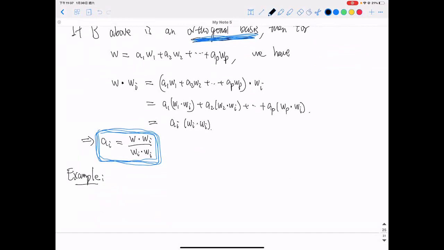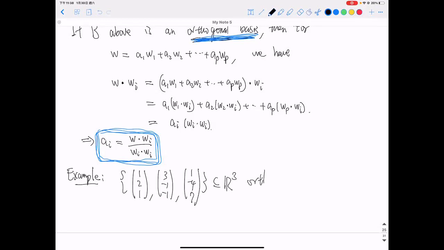Say I have 1, 2, 1. No, I don't want this. Just want the previous example: 1, 2, 1; 3, minus 1, minus 1; 1, minus 4, 7. We've argued that this is also an orthogonal basis.